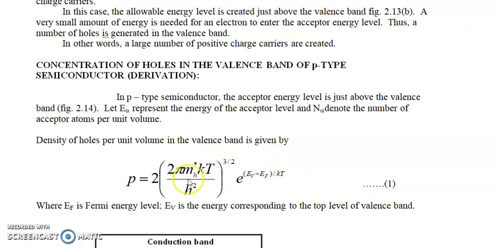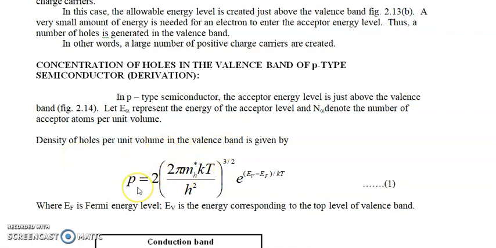We already derived this expression for the intrinsic semiconductor, where we derived the concentration of electrons in the conduction band and the concentration of holes in the valence band. Here we are using the expression for the concentration of holes in the valence band, in other words, the density of holes per unit volume in the valence band.